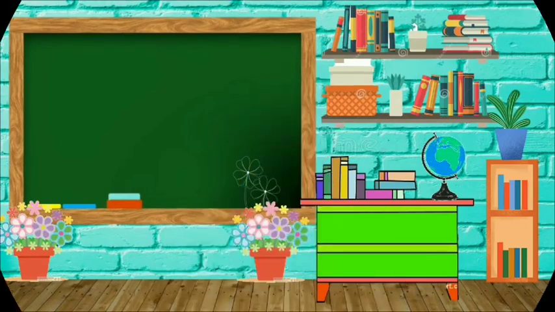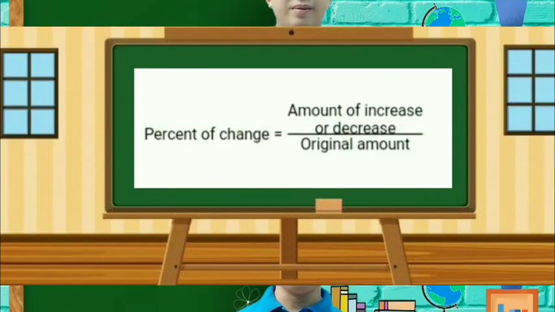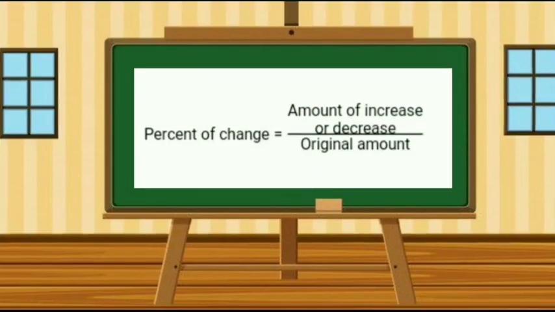If the new amount or value is less than the original amount or value, the percent of change is called percent of decrease. To find the percent of change, use the following formula. Percent of change is equal to amount of increase or decrease over original amount.